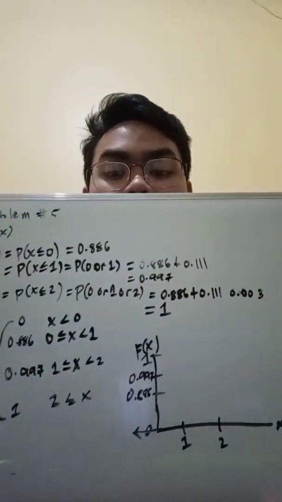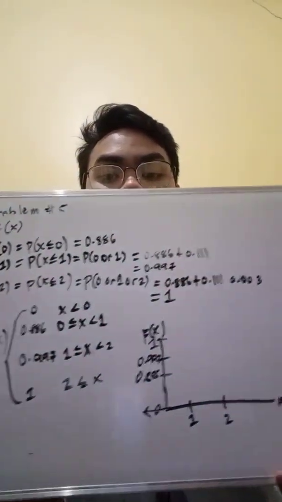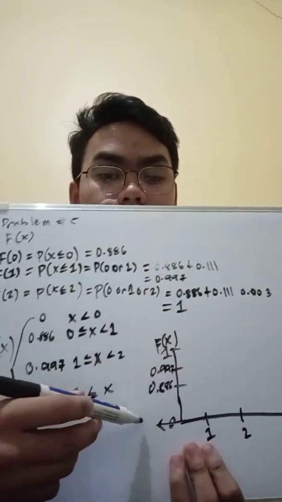Okay, so for 0, the arrow is pointing towards here, since it does not have any probability. Okay, you see this arrow here. So for 0.886, the line will be from 0 to approaching 1, but it does not equal 1. Okay, so it will look like this.